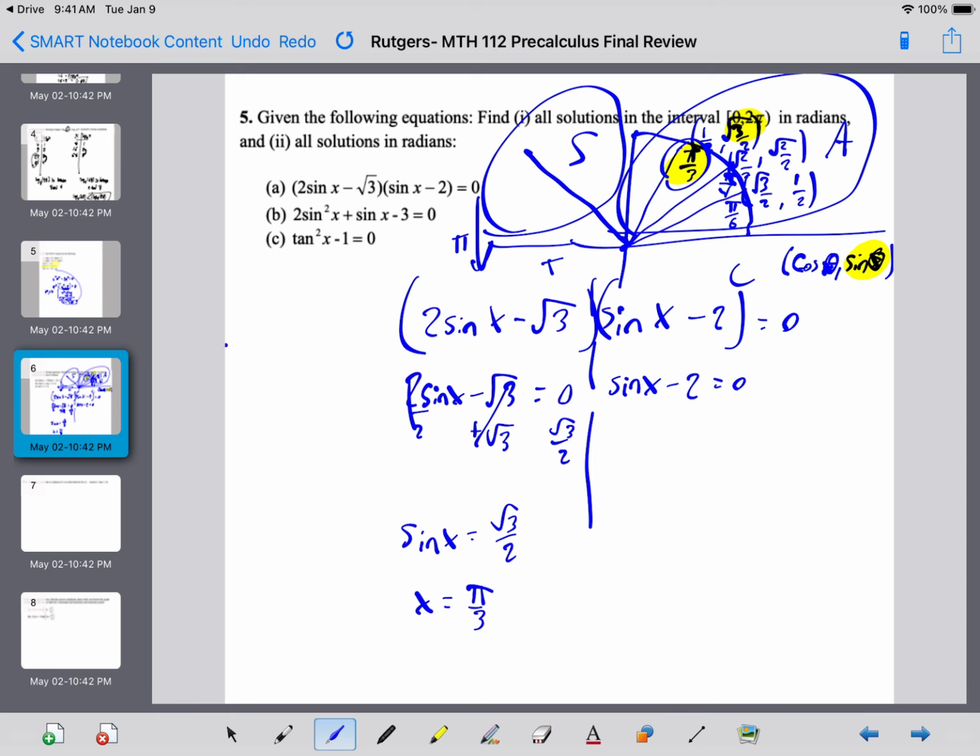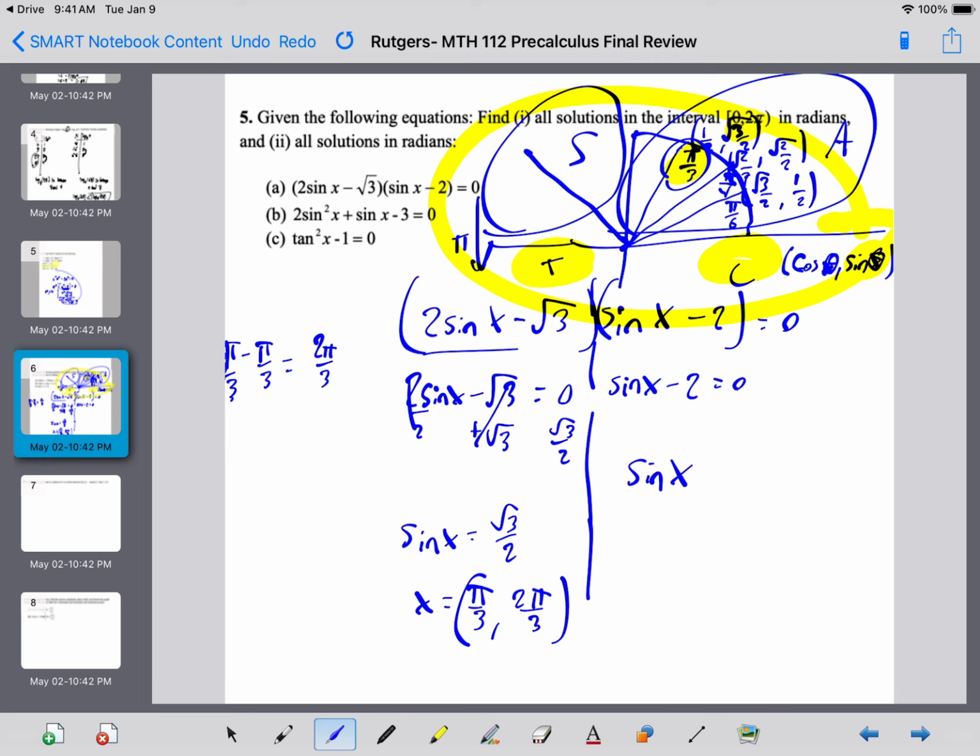So pi minus pi over 3 is the same as saying 3 pi over 3 minus pi over 3, which would be 2 pi over 3. Here, sine would be negative. And that's from 0 all the way to 2 pi. So that's your two solutions for this factor.